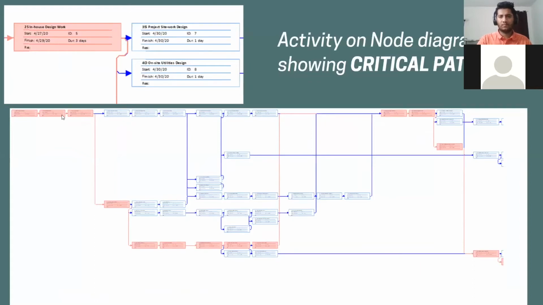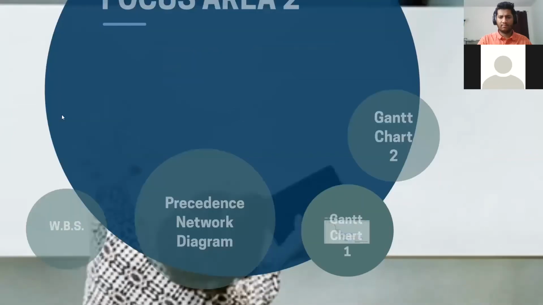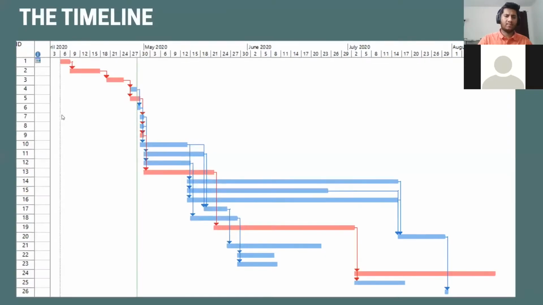We got this from Microsoft Project. It's from the activities, the duration, the early start, early finish. This is what we found. We also have the total float and free float. Whenever there's zero, you can see the critical path is showing as the red line.